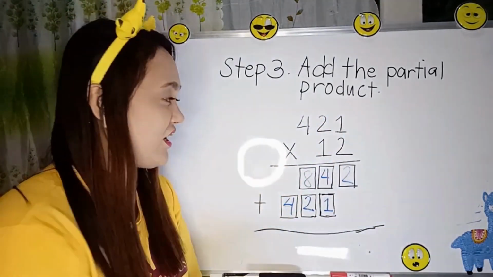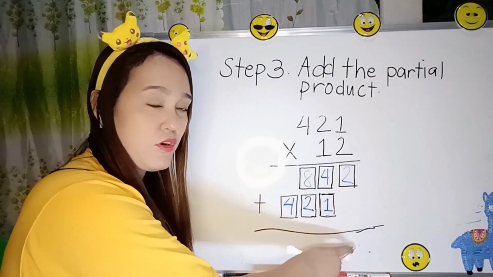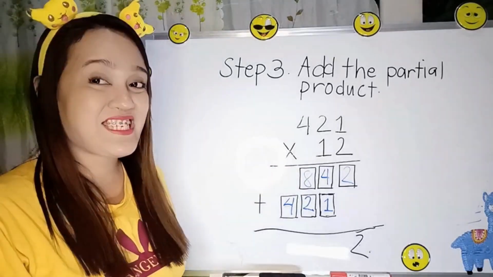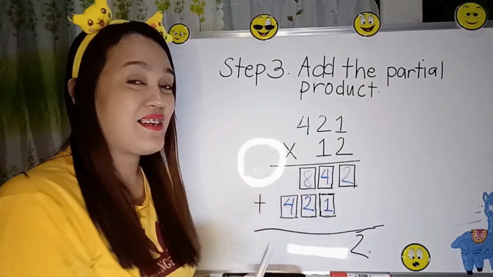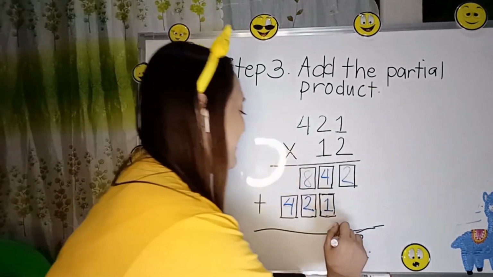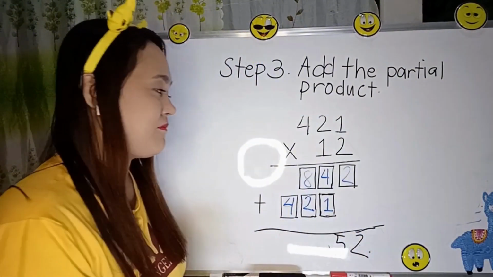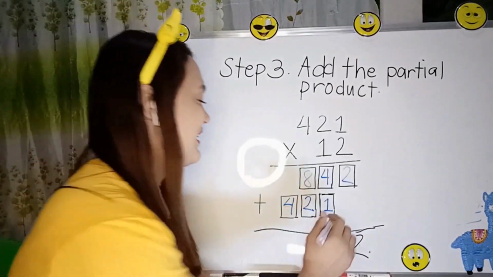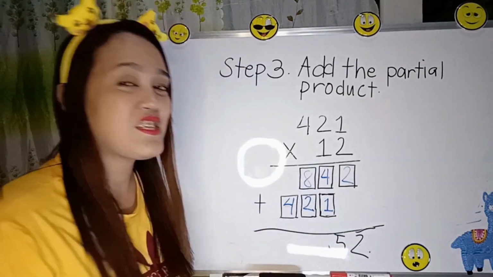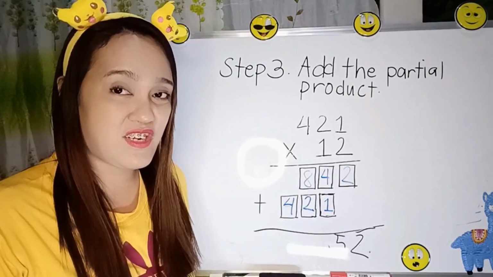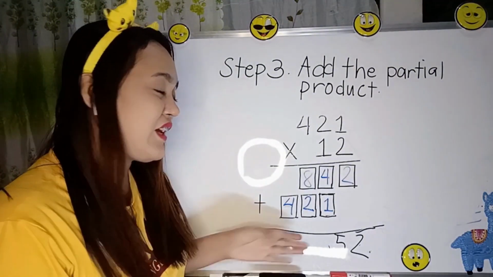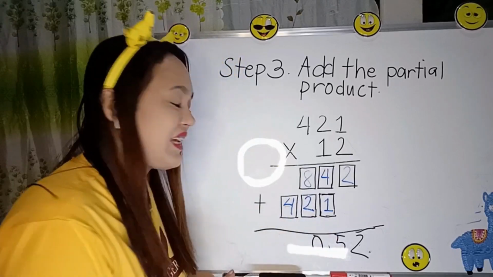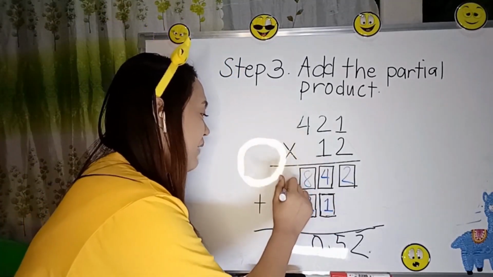This is the ones digit. So we need to copy 2 or just bring down 2. Next is 4 plus 1 is equal to 5. 8 plus 2 is equal to 10. Since our sum is a 2-digit number, we need to put 0 here and add 1 to the place of 4.